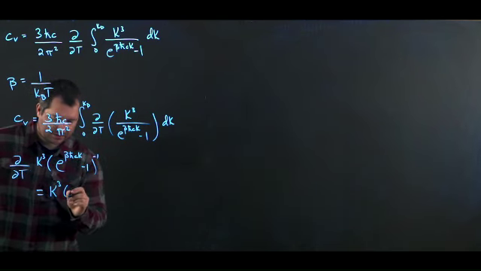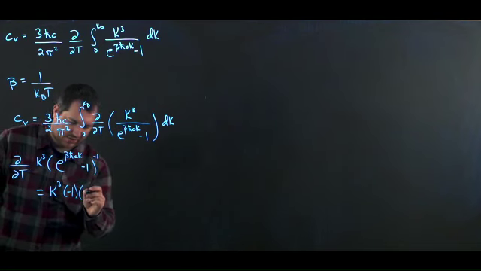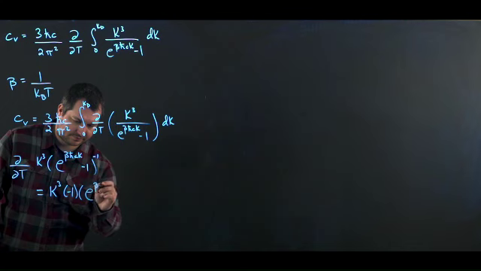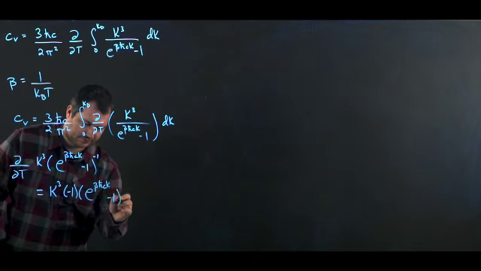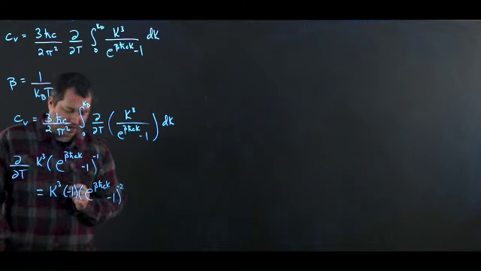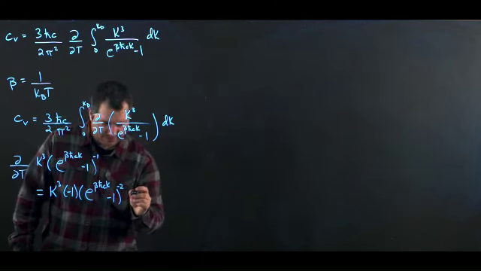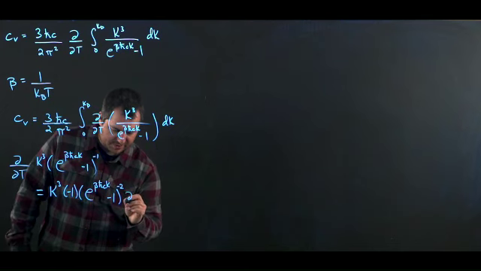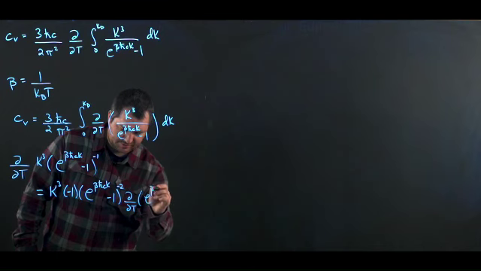So I'm going to have a -1 times my bracket, and I have to subtract 1 from that. And now I've got to apply the chain rule here, so whatever was on the inside. So I've still got to do my d by dt of whatever's inside the bracket.